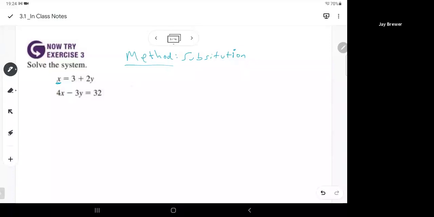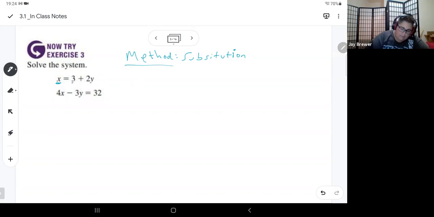Substitution method. So what we're going to do is take this x. Right now, this x equals 3x plus 2y.